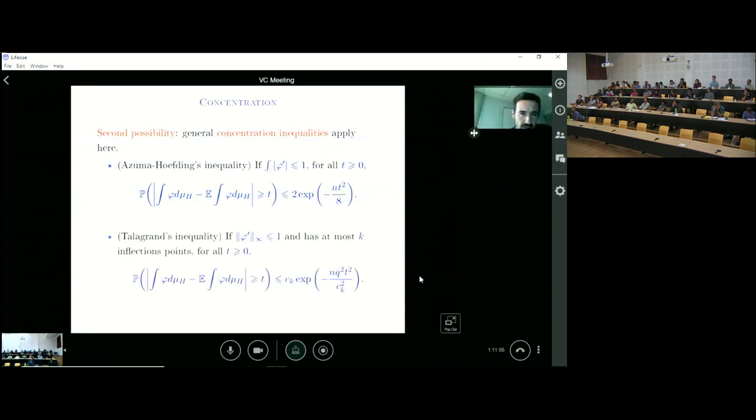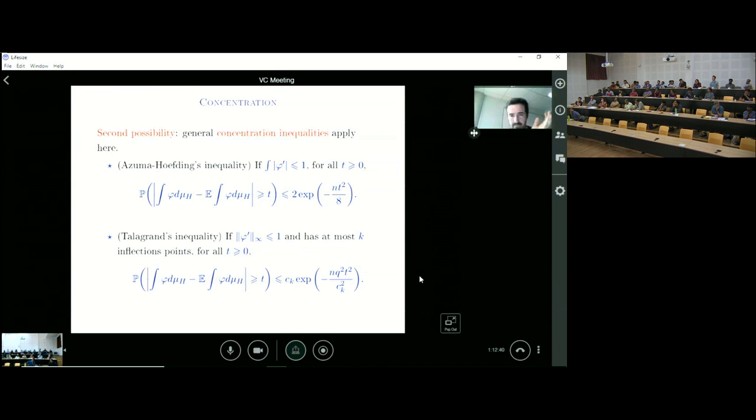If you use the Hoffman-Wielandt inequality, which relates the sum of the squares of the differences of the eigenvalues to the trace of the squares of the differences of the entries, in conjunction with the Talagrand concentration inequality, you obtain that if your function is Lipschitz and convex, or has a finite number of inflection points, the deviation is of order exponential of minus n q squared t squared.